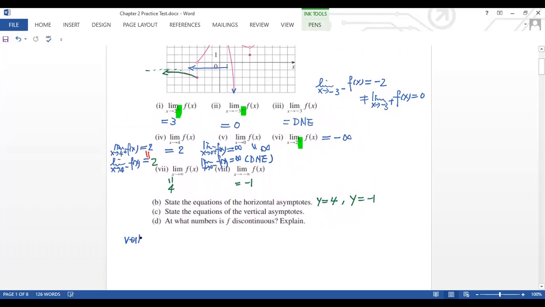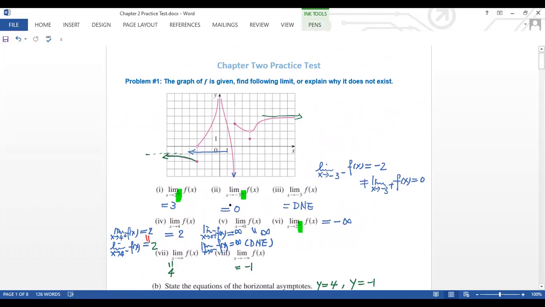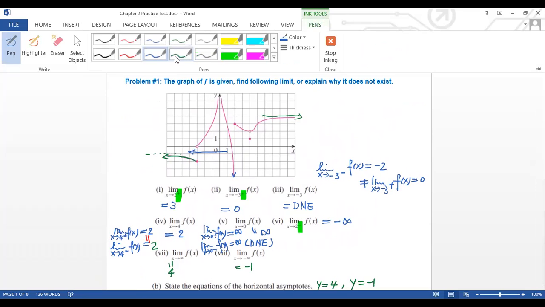And then the next thing we're going to talk about is the vertical asymptote. A vertical asymptote means something goes like this, right? So now let's take a look here. Which ones do I have? I have this one here.